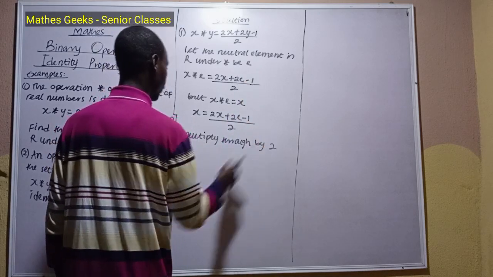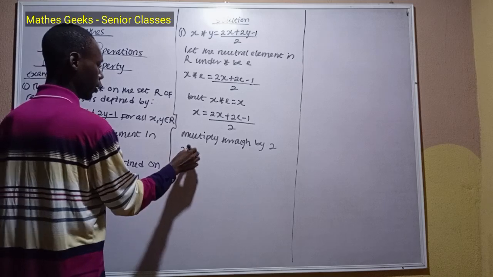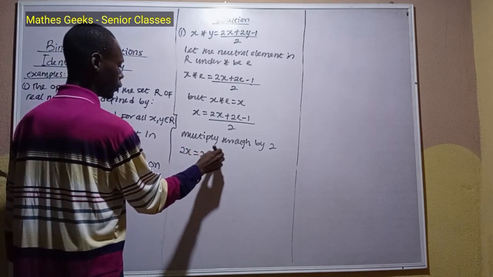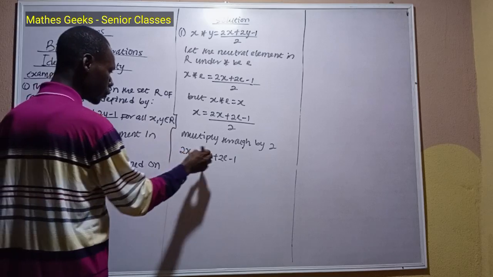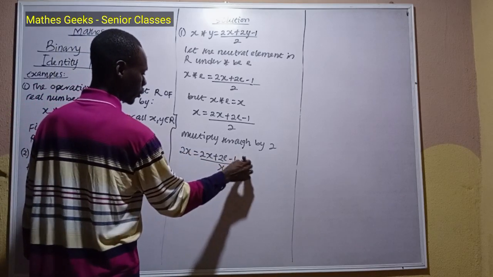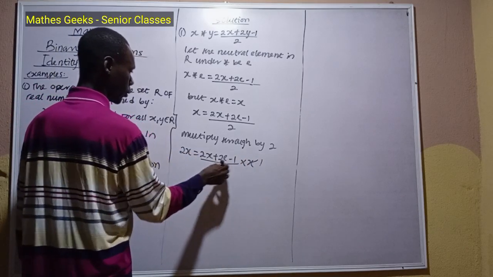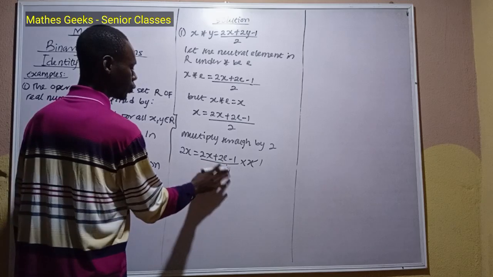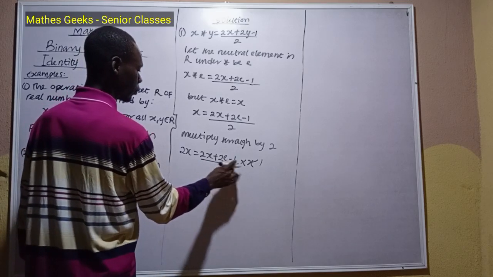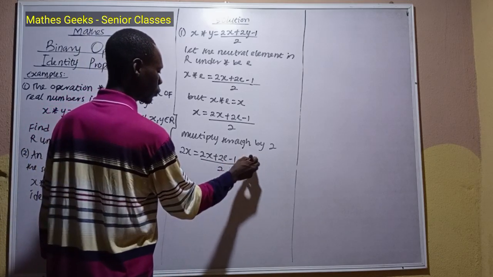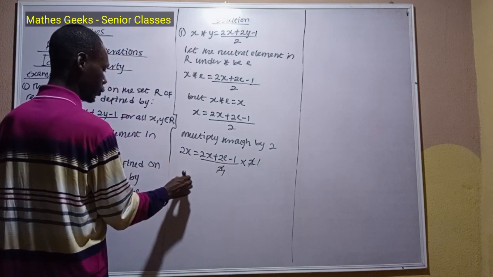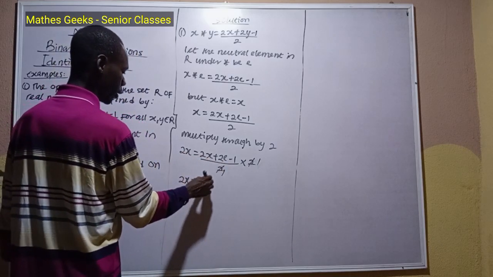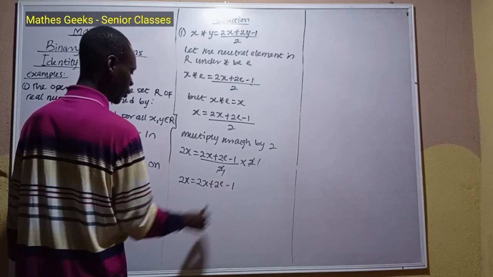This will give us 2x equals 2x plus 2e minus 1.